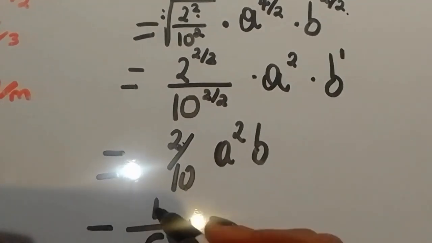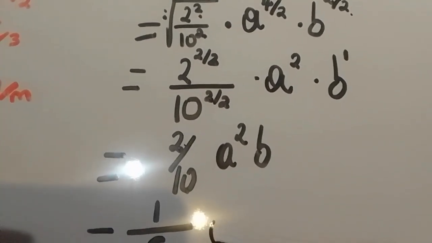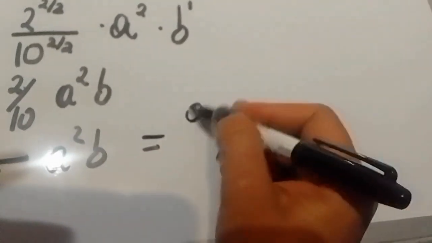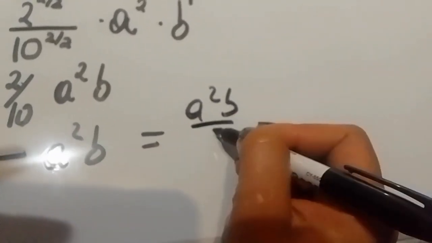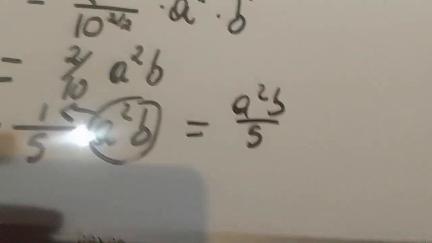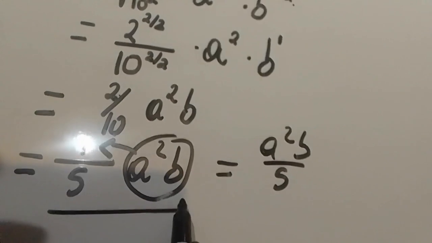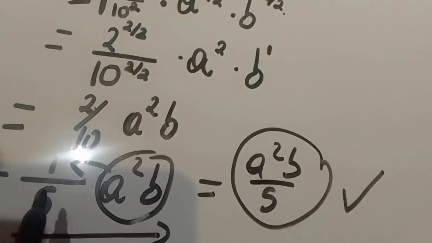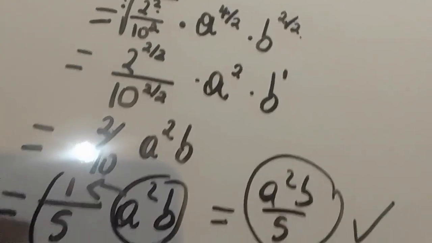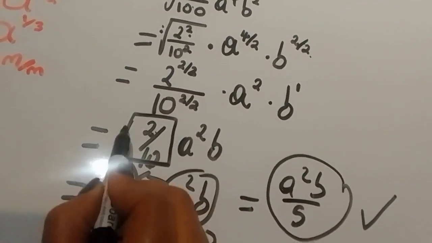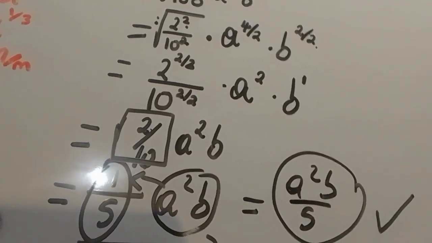So the answer would then be 1 over 5 a squared b, or we can even say a squared b over 5. I just took this and took it there to the denominator. Whether you leave it in that form or you give an answer in this form, it's correct, so long as you have this fraction in its simplest form and you didn't leave it as 2 over 10.